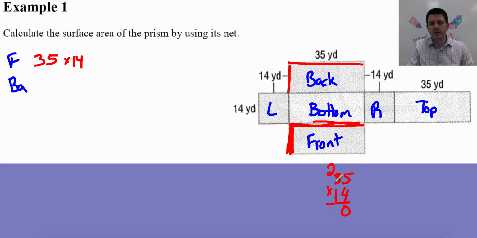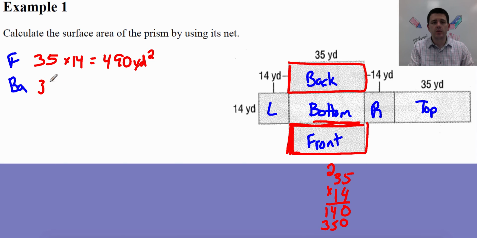See, even the math teacher has to multiply things out sometimes, and that's okay. 5 and a 3, add it together, and I get 490 square yards. Now, that was for the front. Now, while I'm at it, do its matching side, the back.